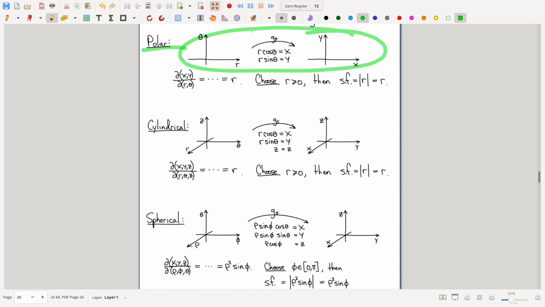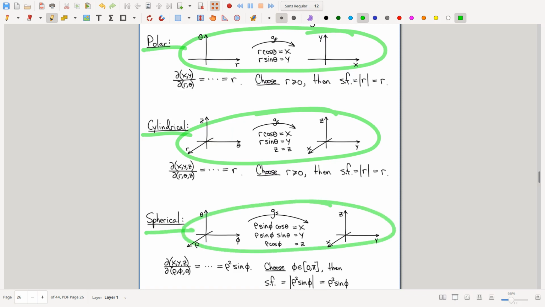Likewise, cylindrical formulas, spherical formulas, various familiar formulas. We're going to use these as change of variables functions so much. I saw these used as change of variables functions in my undergraduate physics major countless times.